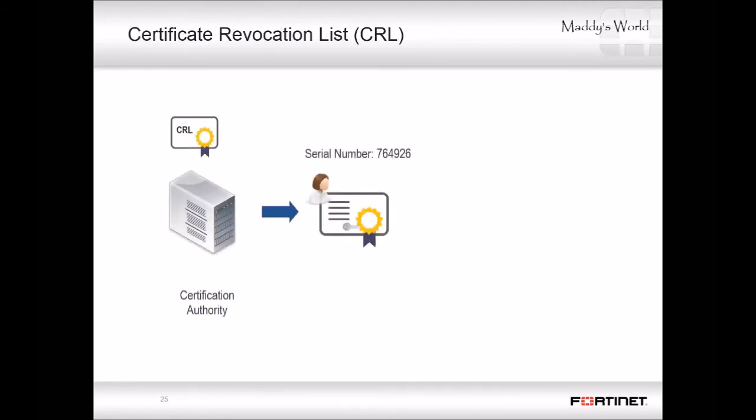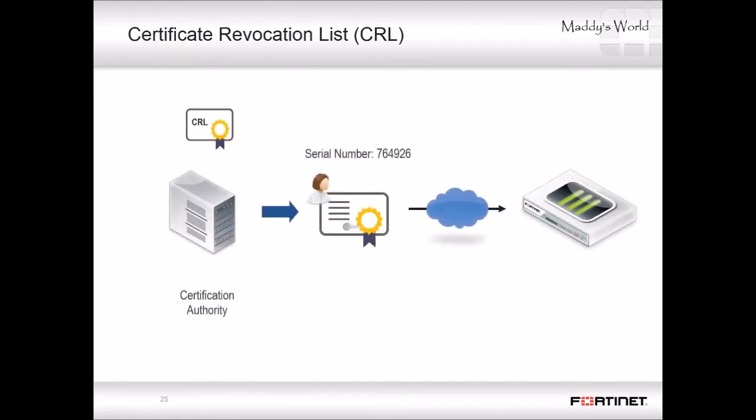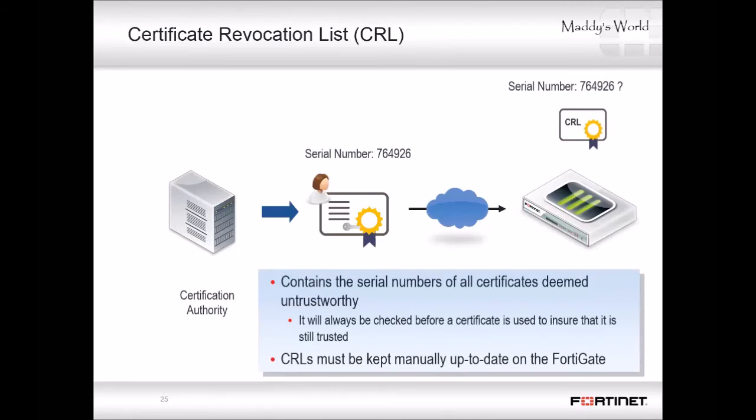If you wish to have the FortiGate unit preventing certain certificates from being used, then you will need to maintain a certificate revocation list, or CRL. A CRL contains the serial numbers of all the digital certificates that cannot be trusted anymore. For example, digital certificates of an ex-employee that left the company can be added to the list.